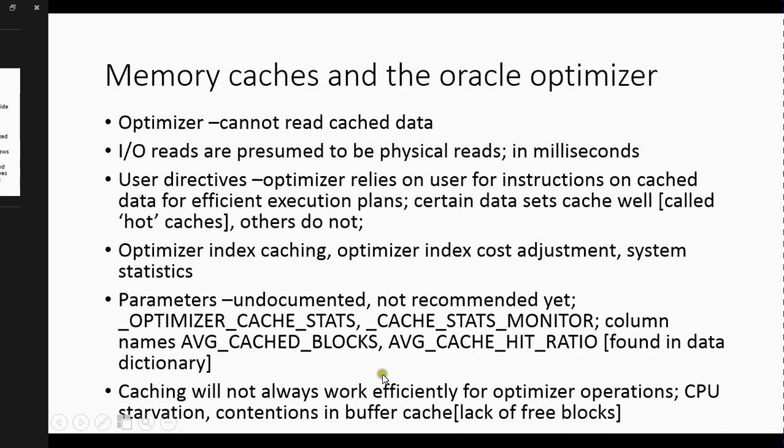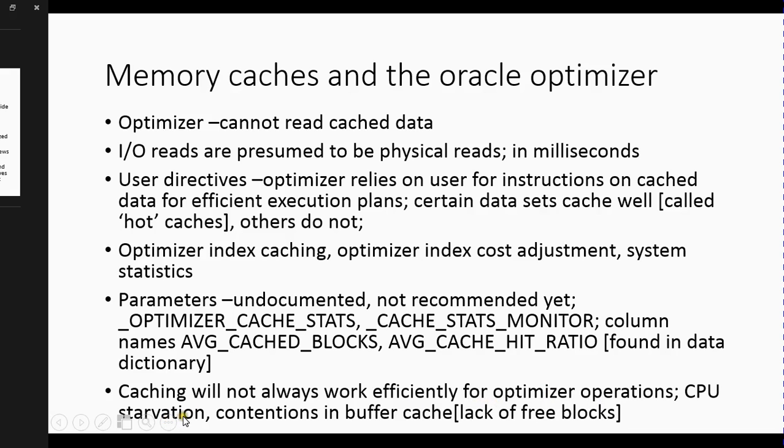And it's very simple: the more blocks you're eating up with your cache memory, the fewer blocks will be available. So be mindful of that in setting up your cache data when dealing with the optimizer readings.